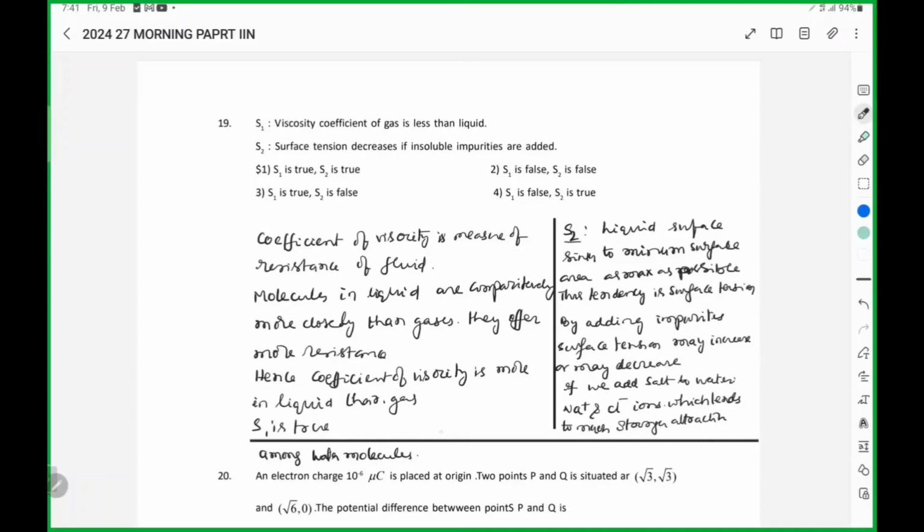So obviously, surface tension increases.